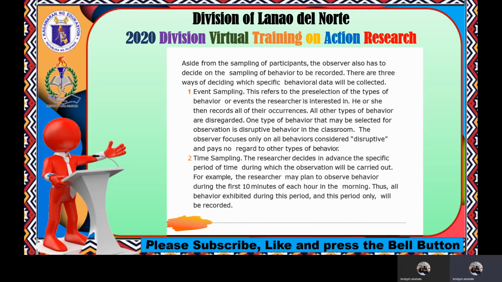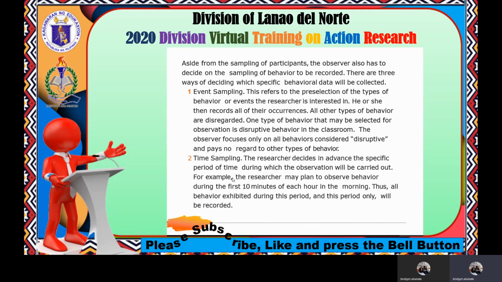Second, time sampling. The researcher decides in advance the specific period of time during which the observation will be carried out. So, kung kanus-a siya, naa tay time ang imong observation.